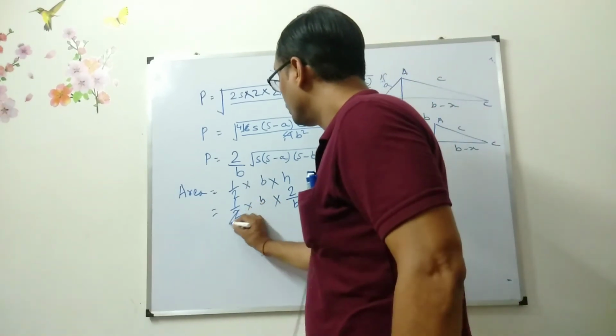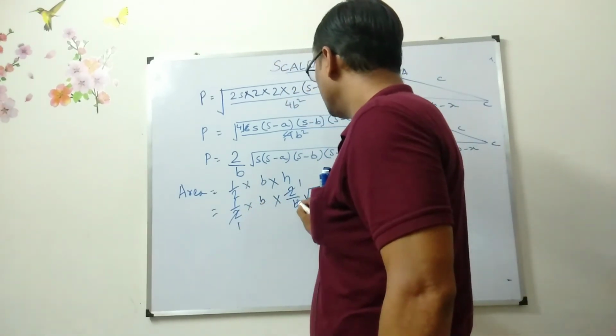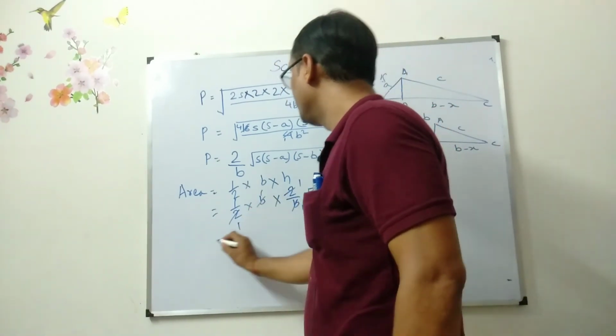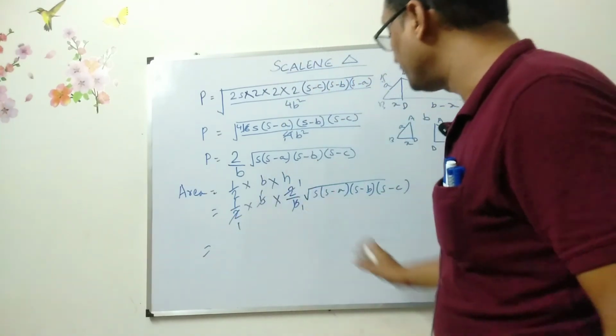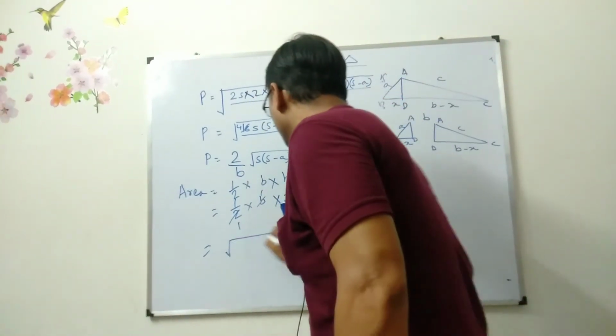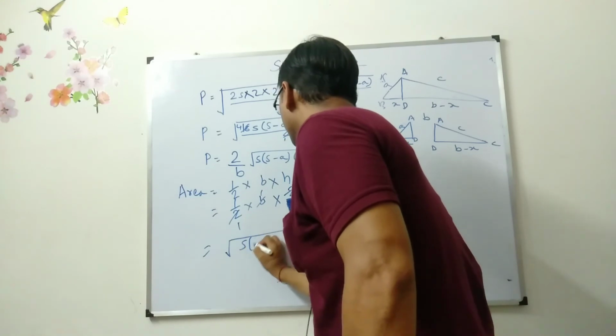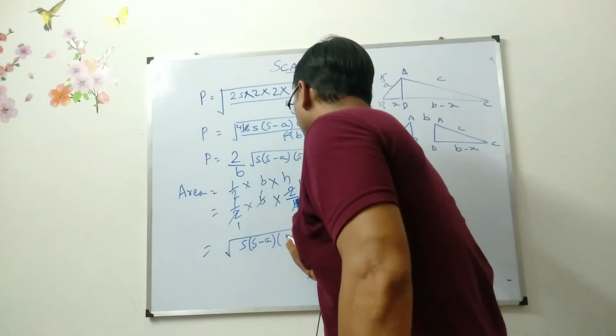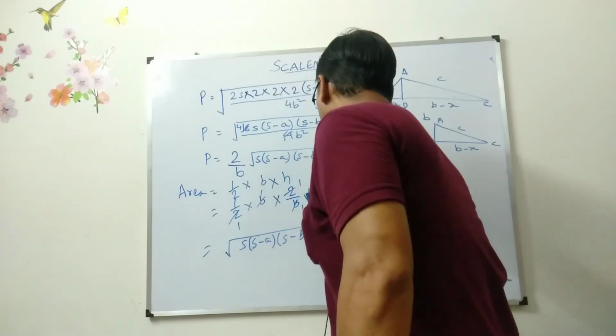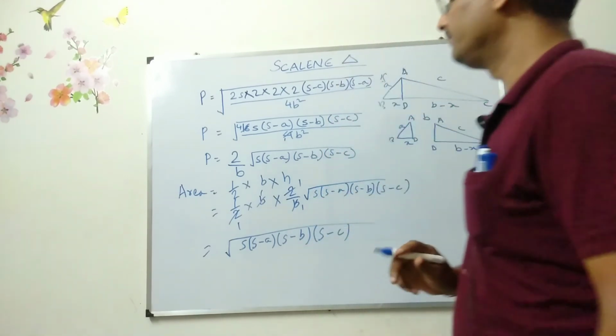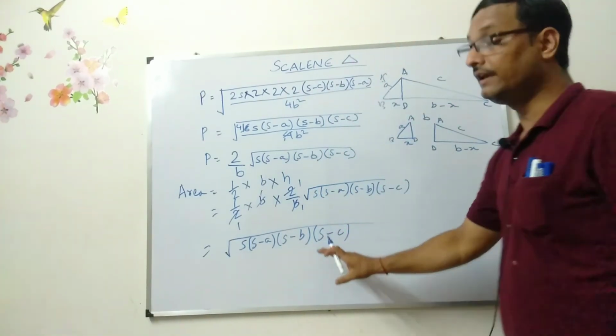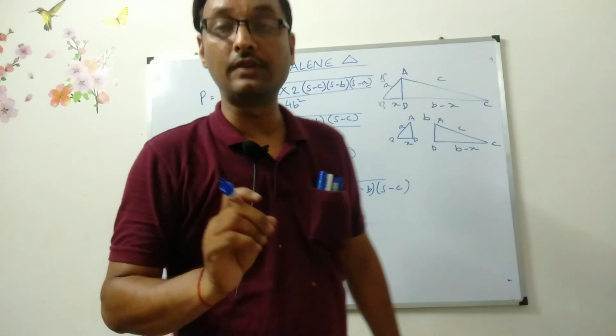See, 2 ones are 2, b ones are b. So there is nothing left on this part. So what is left? Root over s, s minus a, s minus b, and s minus c. So this is the area of a scalene triangle.